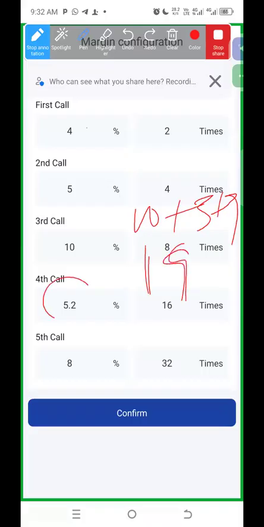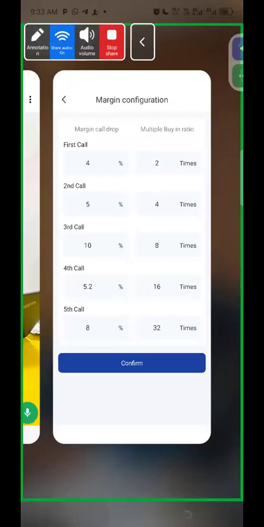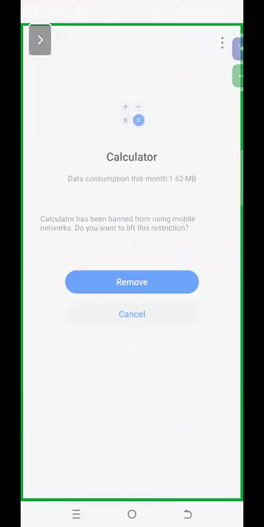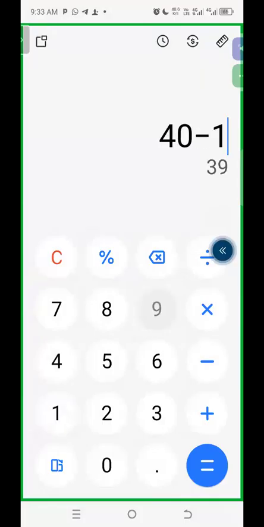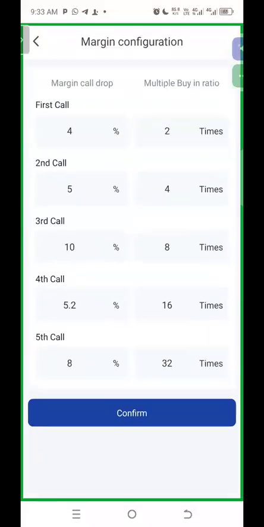So I'm remaining with the fourth call and the fifth call. 40 minus 19 is going to give me 21.